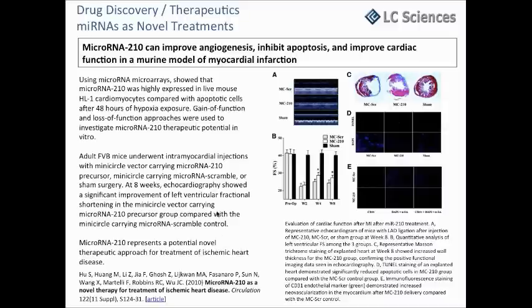So this was one of the first papers really showing the potential therapeutic effect that reinstating microRNA expression levels can have in the cardiovascular field.